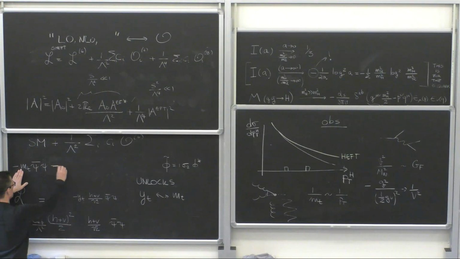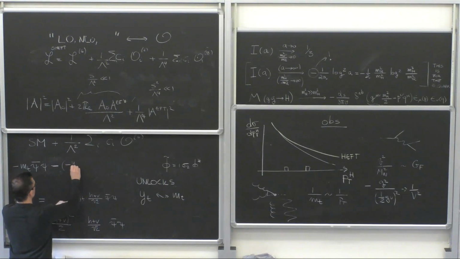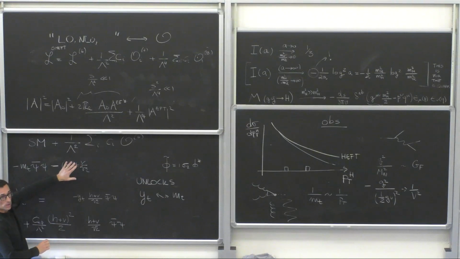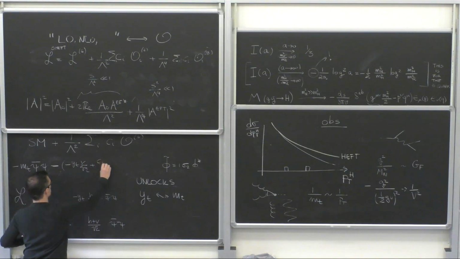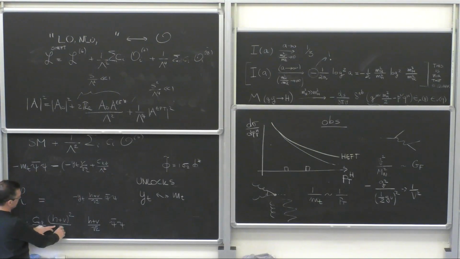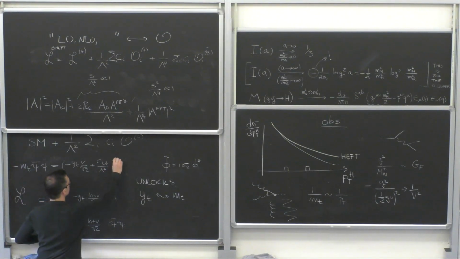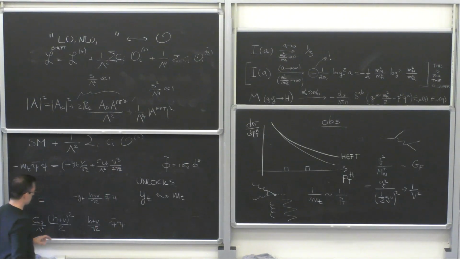So everything which is in front of that, which is constant, is the mass of the top. So everything in front. So you will have minus yt v over square root of 2, which is the old mass, right? And you will have plus C t phi over lambda squared. Here you have v cubed over 2 square root of 2.